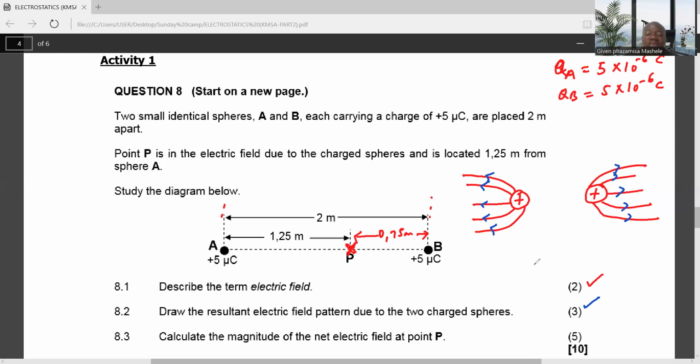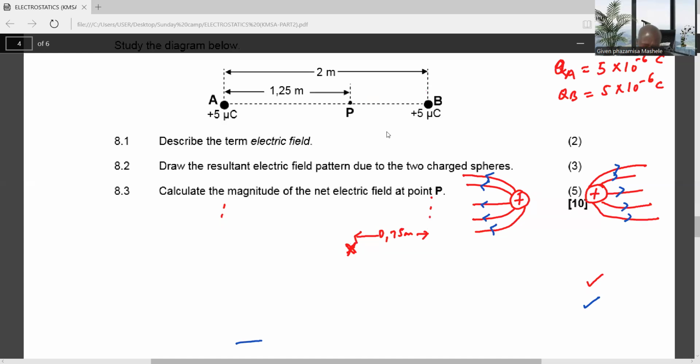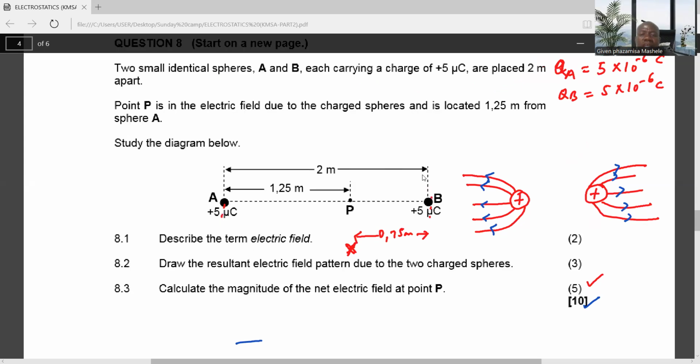Then the next question says, calculate the magnitude, not direction, but the magnitude of the net electric field at point P. We want to calculate the net electric field at point P. And how are we going to do that, guys?